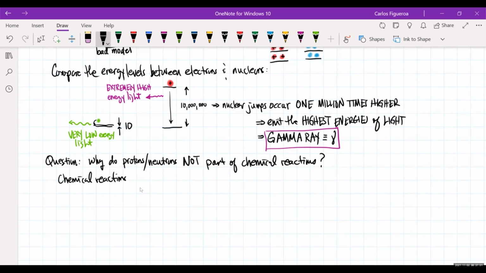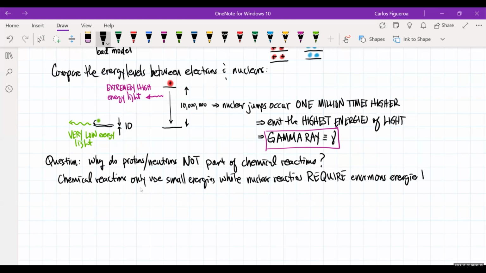So chemical reactions only use small energies, while nuclear reactions require enormous energies beyond chemical ones.